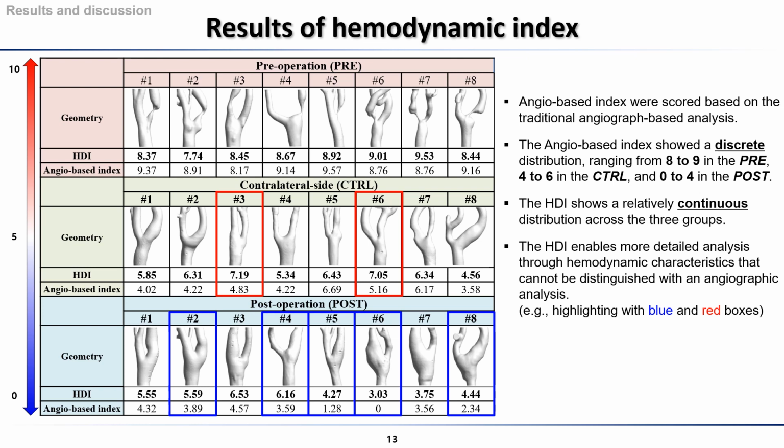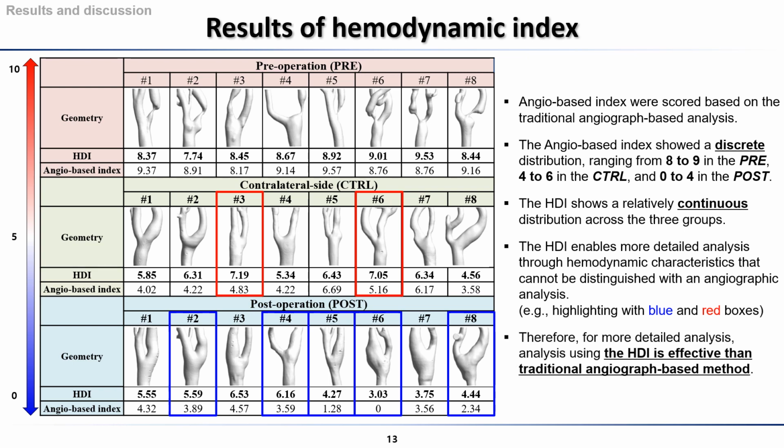Similarly, the HDI shows that the models highlighted in the blue boxes are expected to have adverse effects due to overextension from a morphological point of view, but are closer to normal from a hemodynamic point of view of internal flow. From this result, we can confirm that the defined HDI has the potential for more efficient and precise diagnosis than the conventional morphological method.